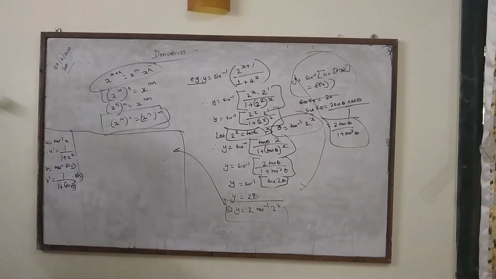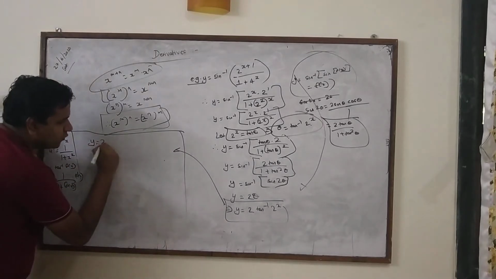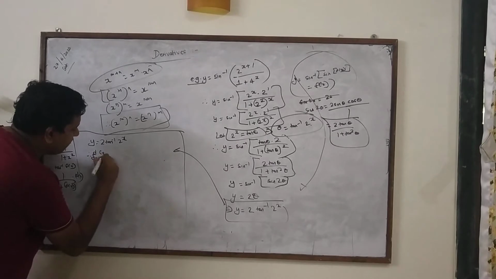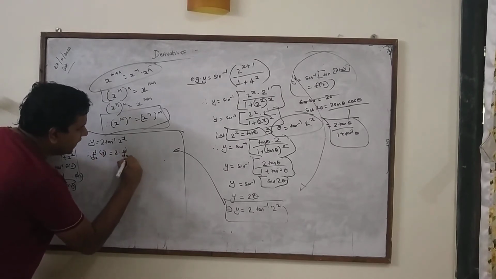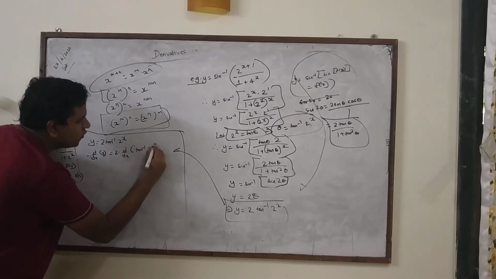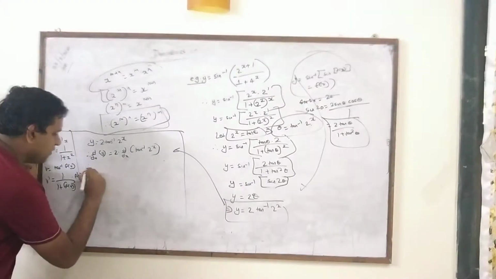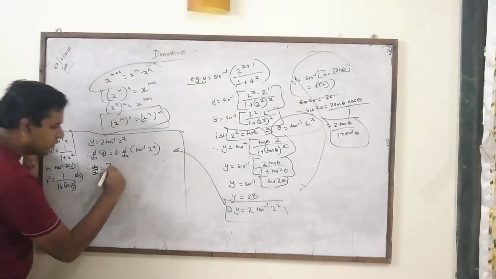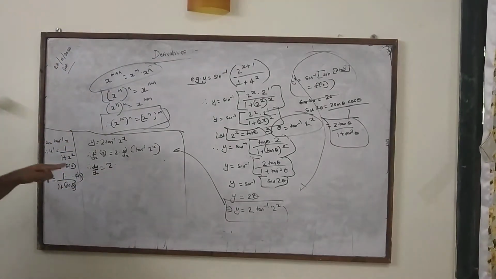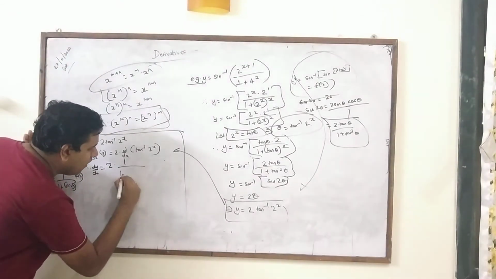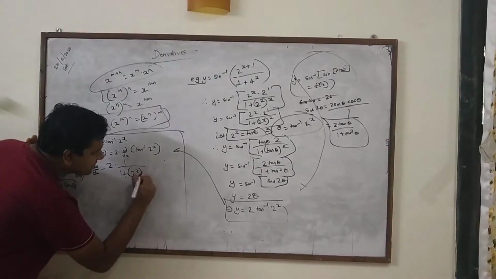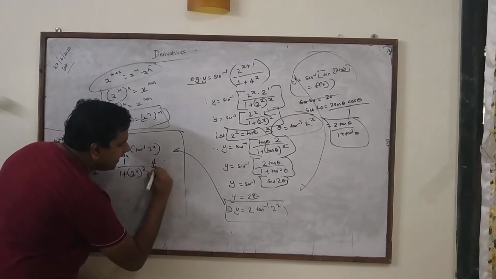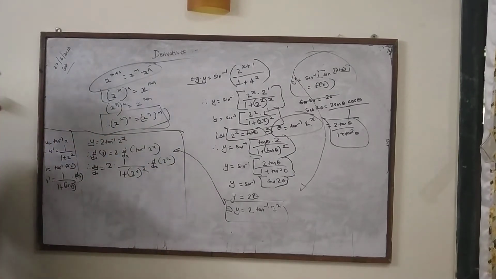So y is 2 tan inverse 2 raised to x. d by dx of y is equal to 2 into d by dx of tan inverse of 2 raised to x. Therefore, dy by dx is equal to 2 into 1 upon 1 plus 2 raised to x whole square into d by dx of the function, which is 2 raised to x.